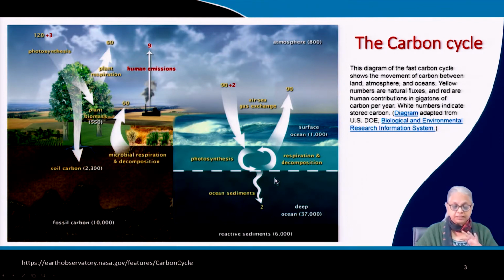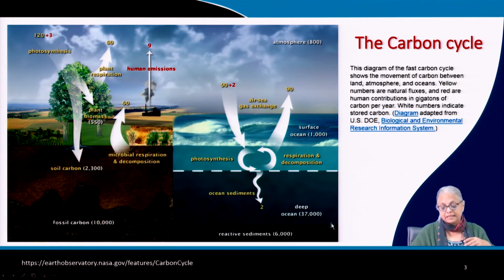When this biomass dies, it becomes part of the ocean sediments. It basically sinks down to the bottom, and you have a really high accumulation of organic carbon in the deep sediments. In the deep ocean sediments, you can see how high the stored carbon is.